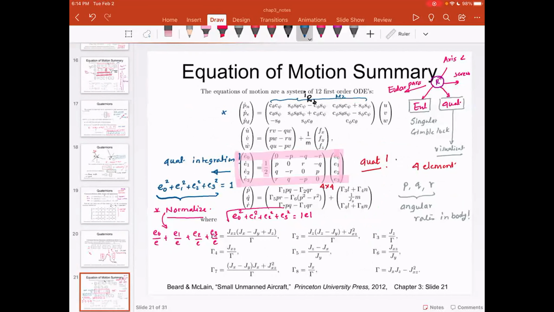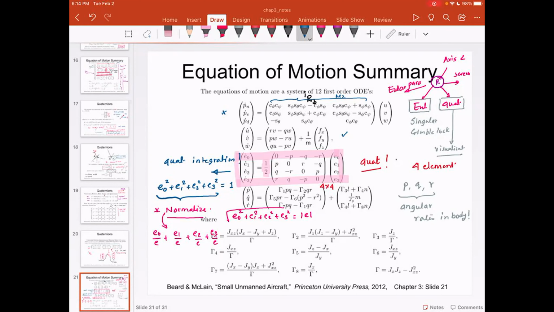The second equation remains unchanged. The third equation changes. Earlier we just had roll rate, pitch rate, and yaw rate. Q0, Q1, Q2, and Q3 is nothing but E0, E1, E2, and E3.